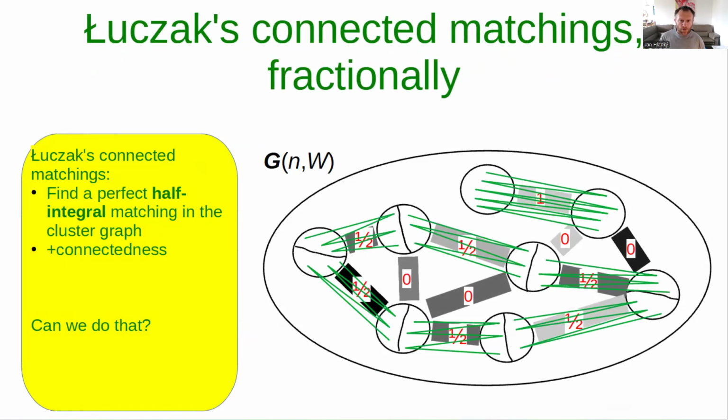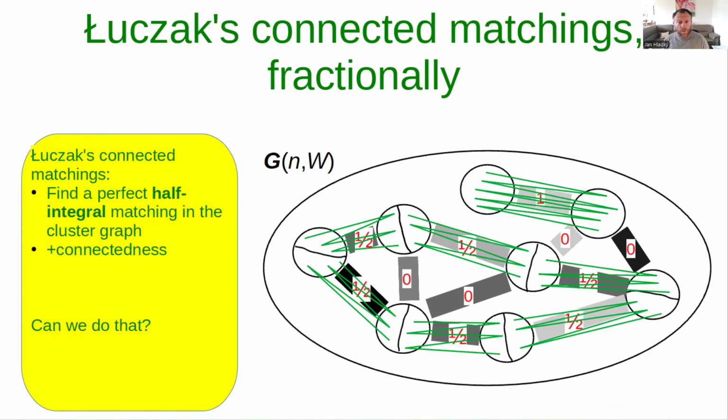So we update our goal. Instead of searching for an integer perfect matching, we look for a perfect half-integral matching in the cluster graph. If I can find arguments which guarantee at least a half-integral one, how can we utilize that? We still can use it to build our almost spanning cycle.